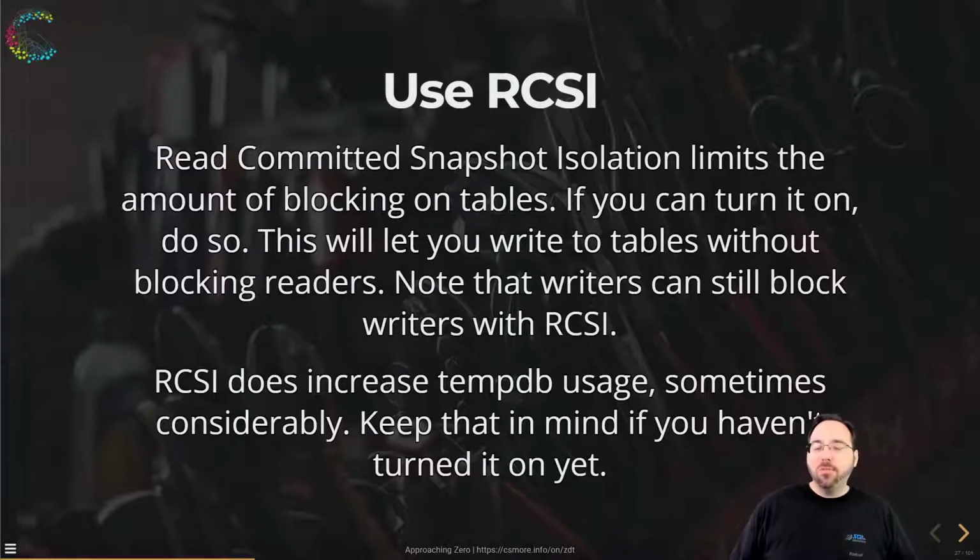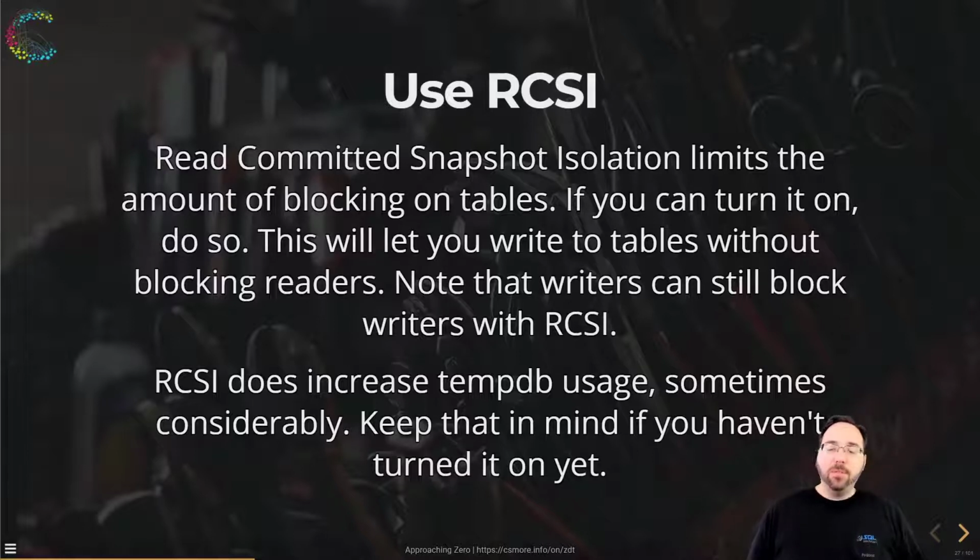Now, writers can still block writers. So where this makes sense is if I am, for example, adding a new column to a large table, I might be writing that data to the current table while my end users are reading the existing columns. If I don't have read committed snapshot on and I'm using read committed isolation, I run the risk that I am going to block my readers because I'm currently writing to that table.